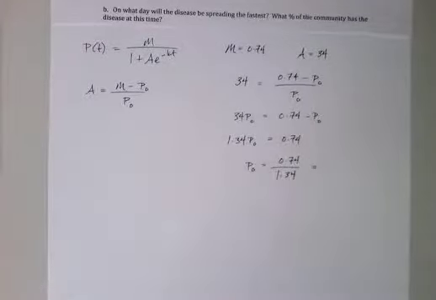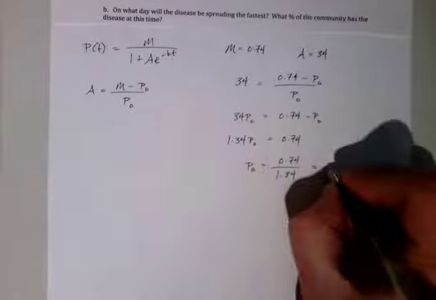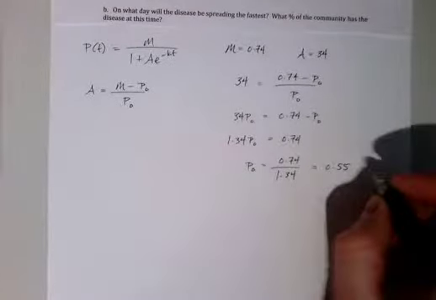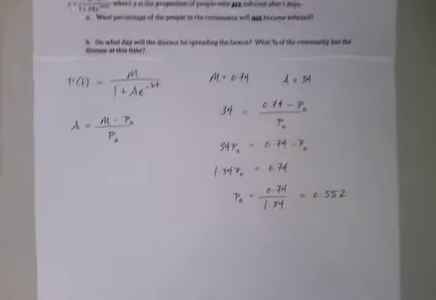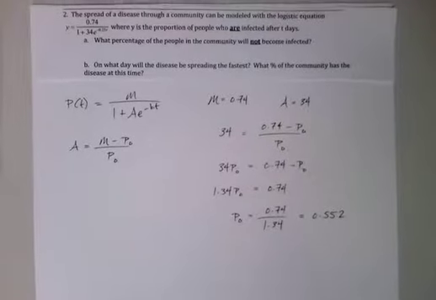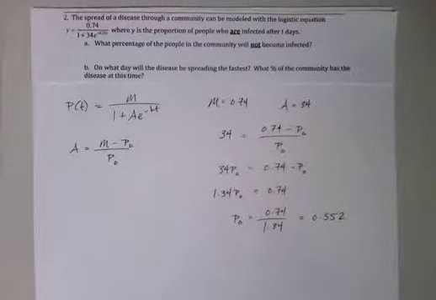And of course, you can go ahead, 0.74 divided by 1.34, and you're going to get 0.5522, whatever. So 0.552 as an approximation, okay? Now, it doesn't ask for that, but it says what percentage of the people will not become infected.